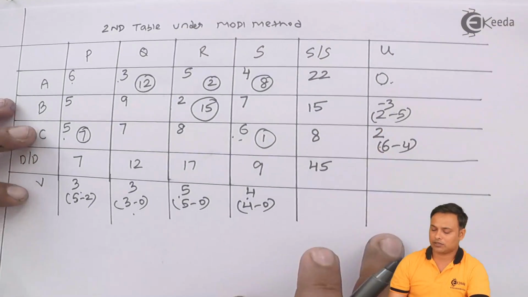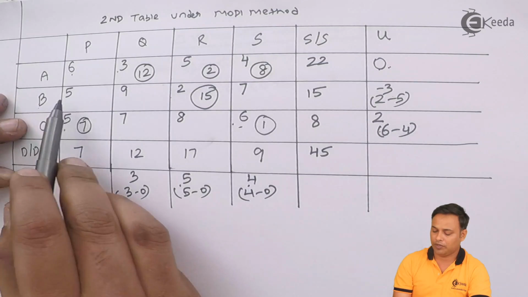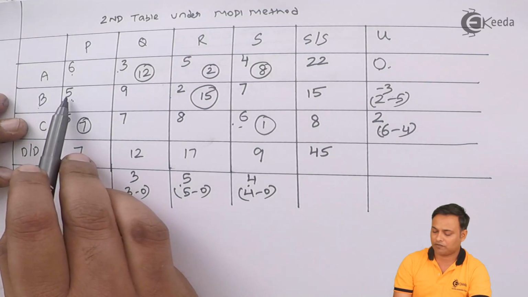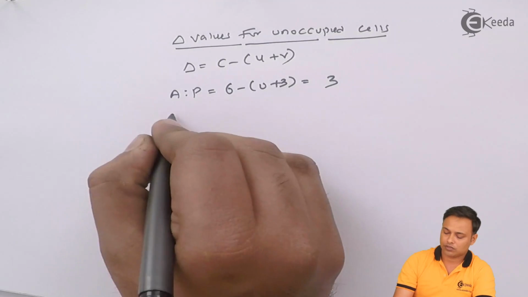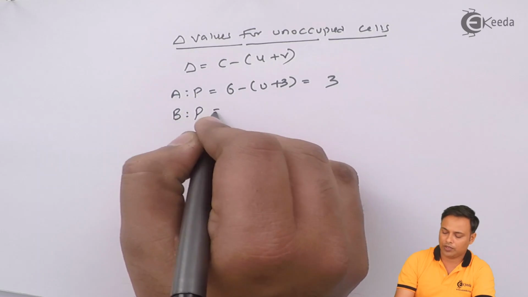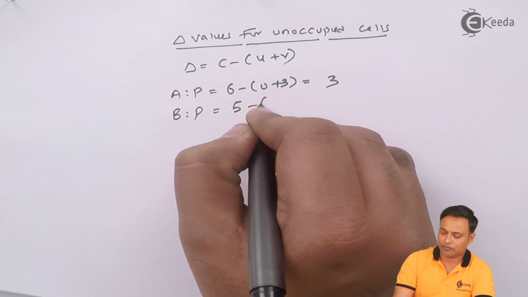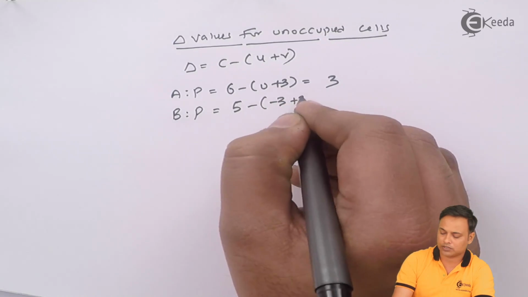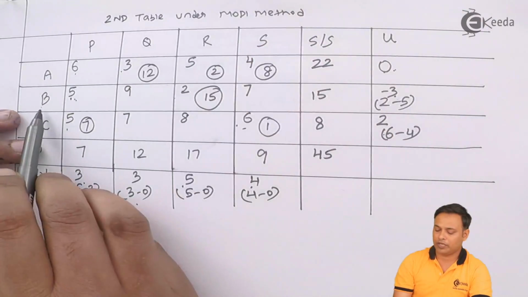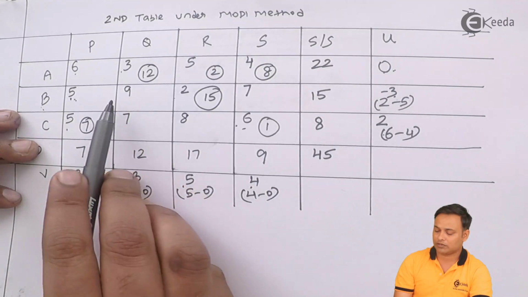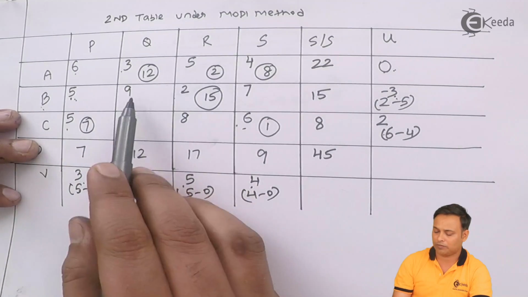My next unoccupied cell is BP, where the cost is 5 minus 3 plus 3. So at BP, cost is 5 minus 3 plus 3, which comes to 5. Next we have BQ, where the cost is 9. So 9 minus 3 plus 3.